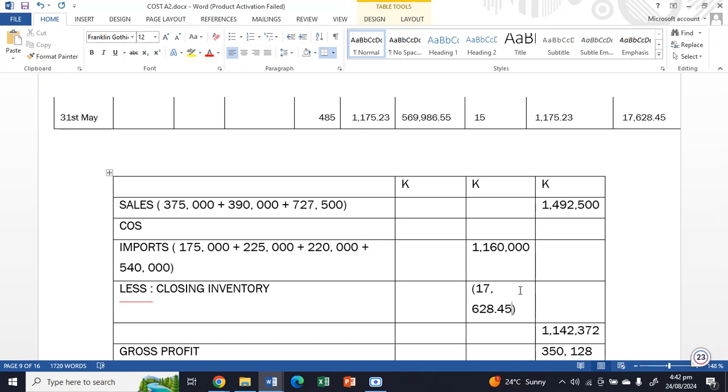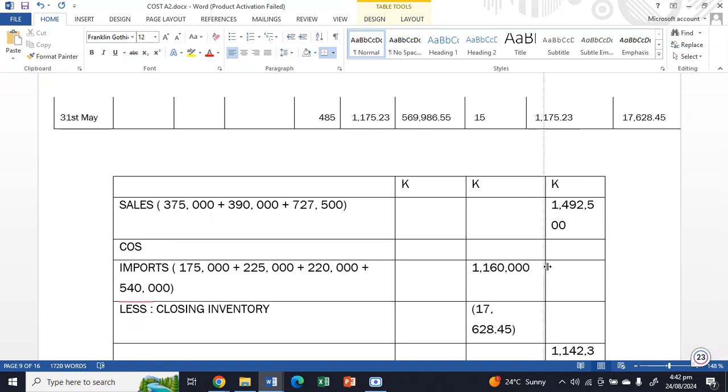Remember the way we get our closing inventory: the total cost of goods available for sale, the goods that you had and have, their total cost, minus the goods that are remaining. That's how we get the cost of goods sold.